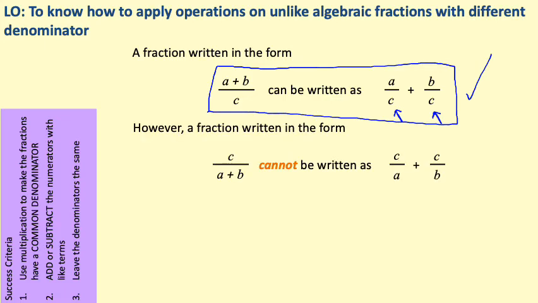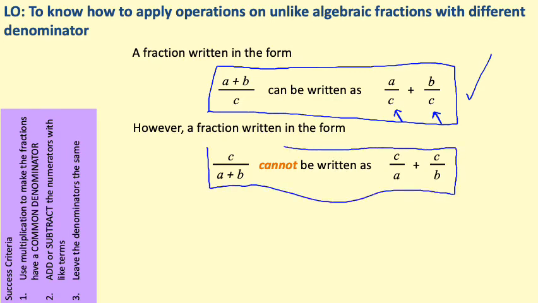However, if a fraction looks like c over a plus b, that cannot be written as c over a plus c over b. So you can break up the numerator into separate fractions, but you can't break up the denominator.